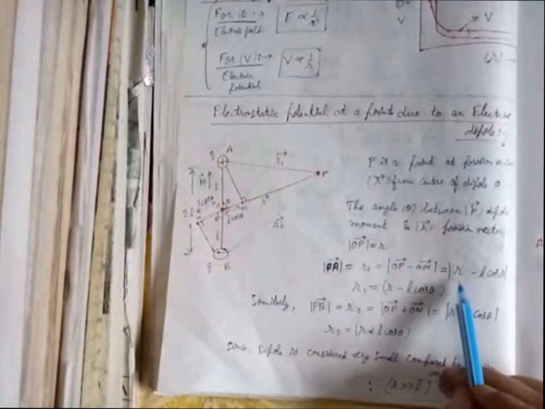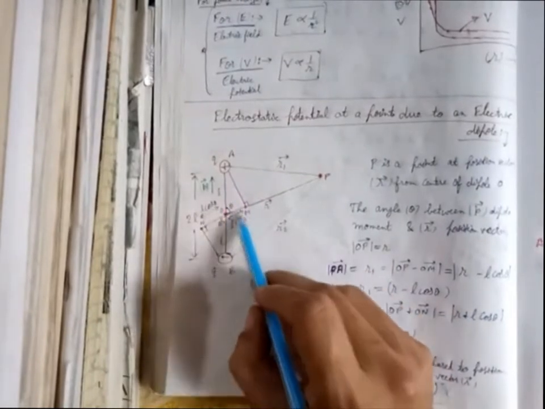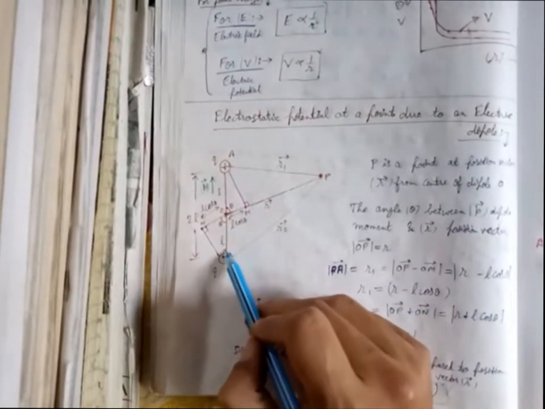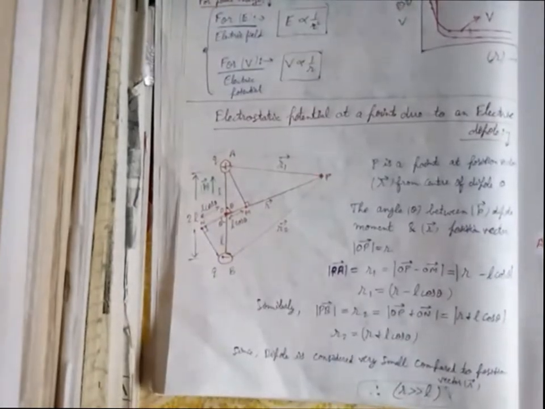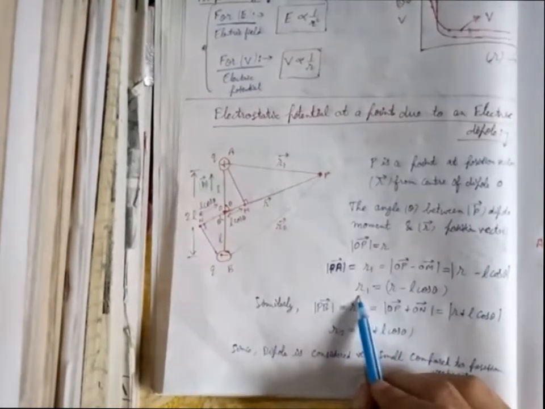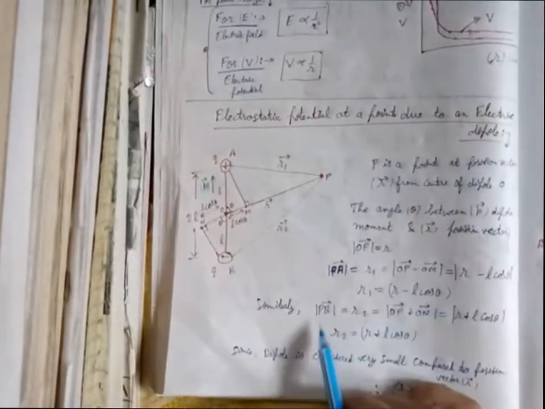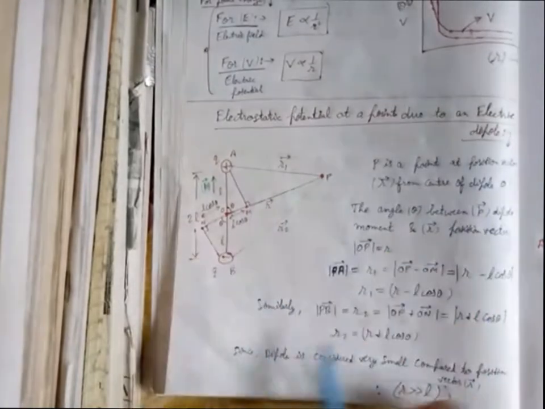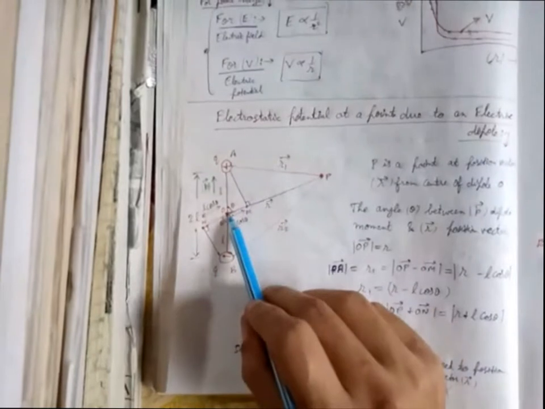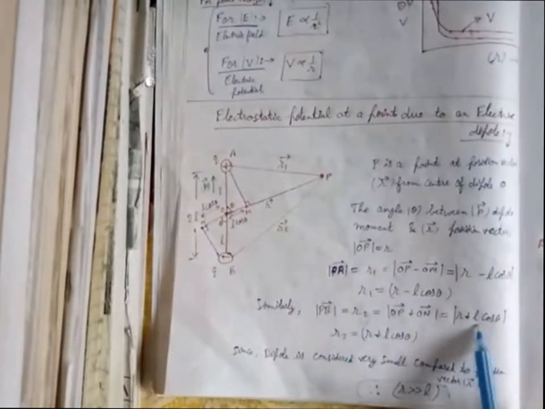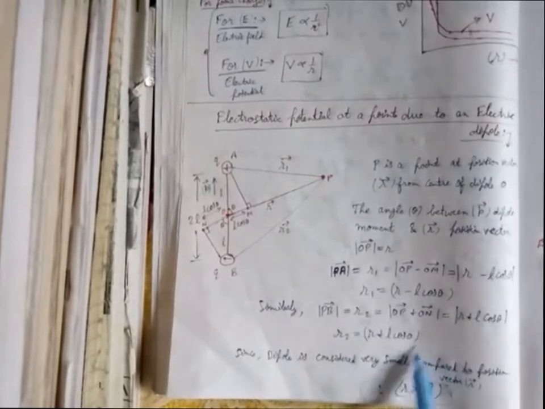This will be r minus l cos theta, because this is l, and this is l cos theta. So R1 will be r minus l cos theta. In the same way PB, that is R2, will be OP plus ON, that is r plus l cos theta.